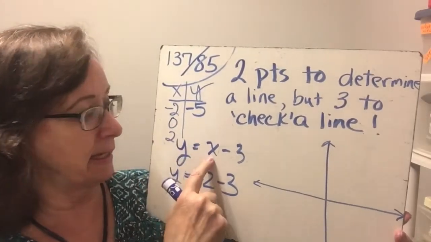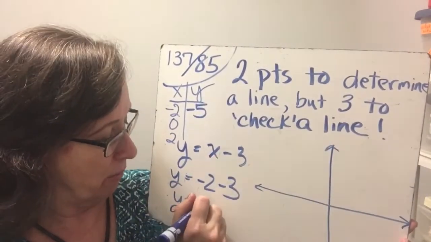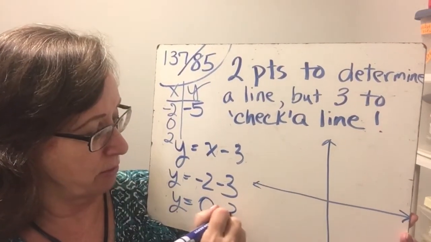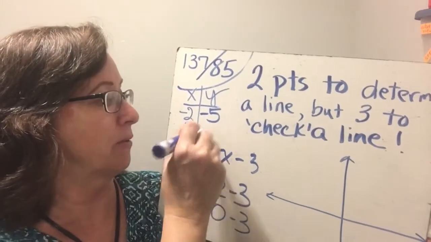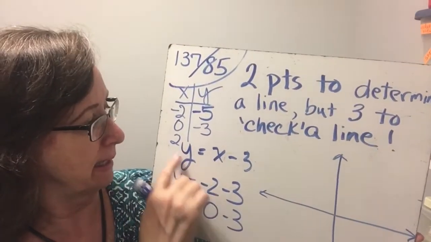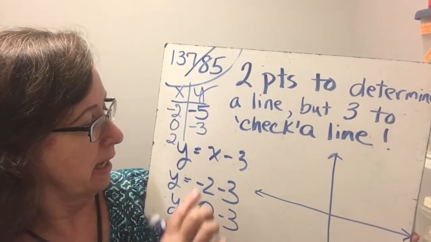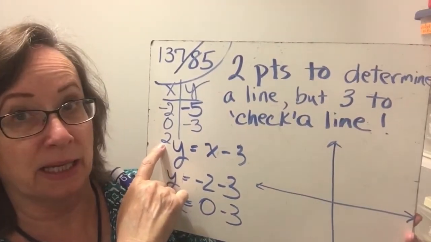If I plug in a 0, then I'm going to get y is 0 minus 3. And 0 minus 3 is -3. So the y would be -3. And my line is getting in the way of my little chart, isn't it? So the last one is, we're going to let the x be a 2.